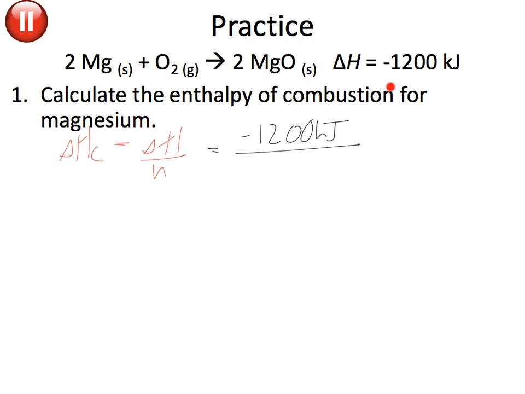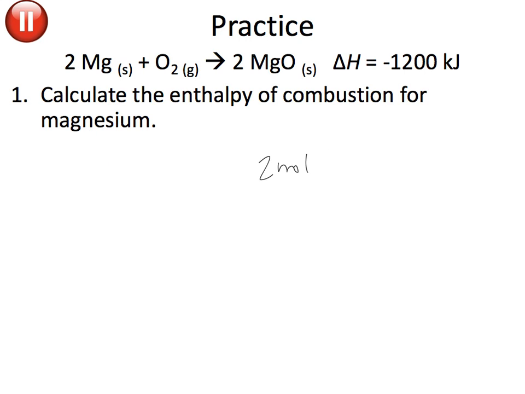This value over here, the amount of energy that is produced, is based on this equation over here. And you can see that there are 2 mole of magnesium being burned. So that's going to be our n value, 2 mole. So if we do this out, what we will get is negative 600 kilojoules per mole, as you can see by the units over here. That's it.